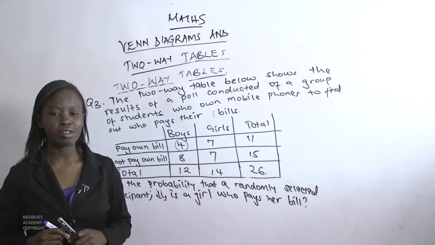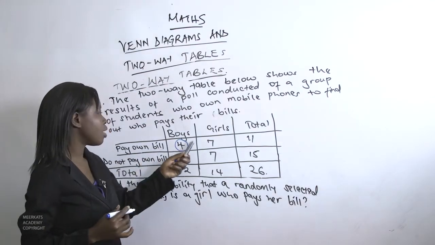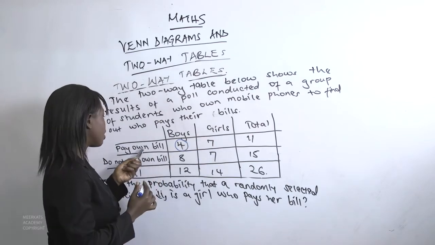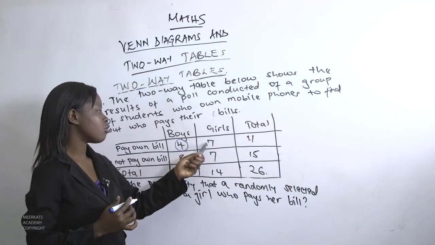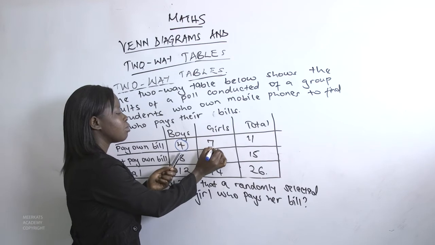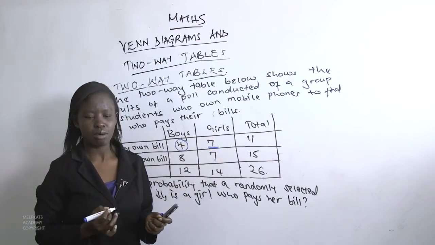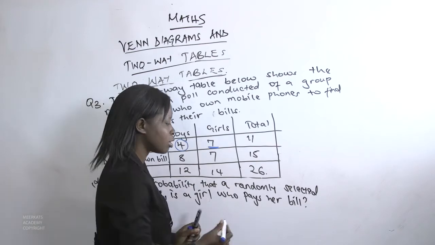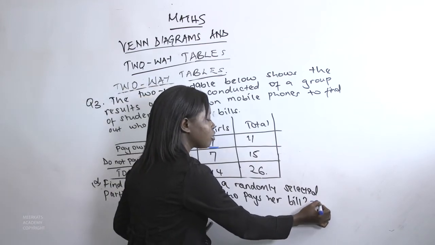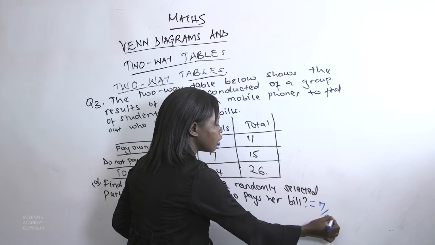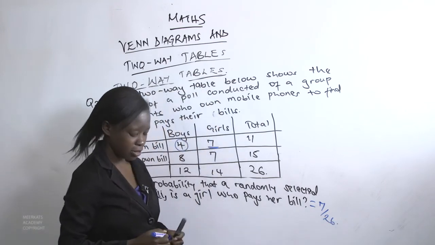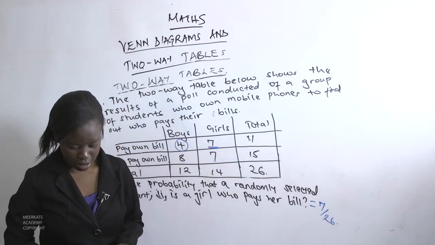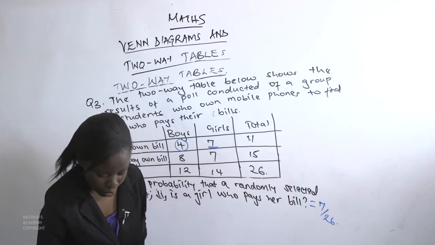So we find out the girls who pay their own bill, and we get that from this row of the girls who pay their own bill, we have 7 girls who pay their own bill out of a total of 26 students. So we get that the probability will be 7/26 as the probability of girls who pay their own bill.